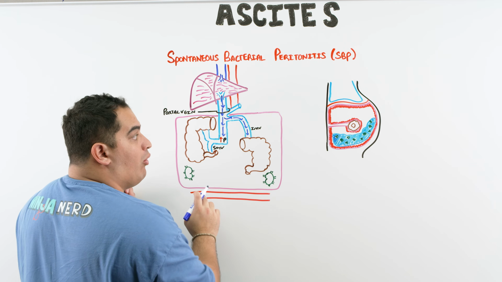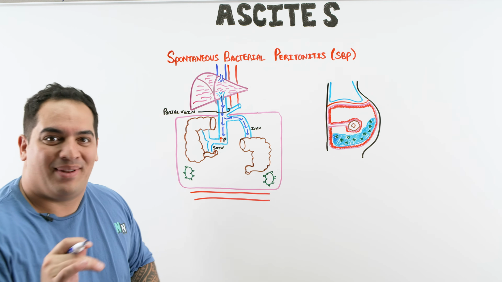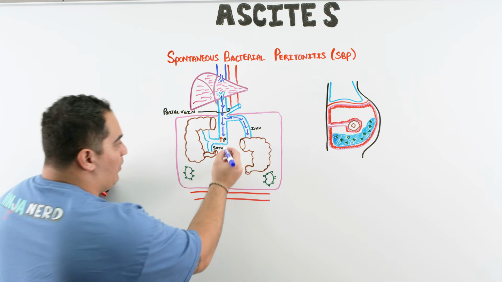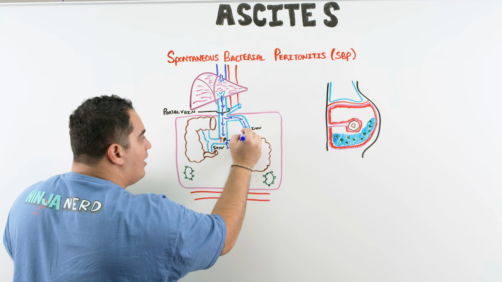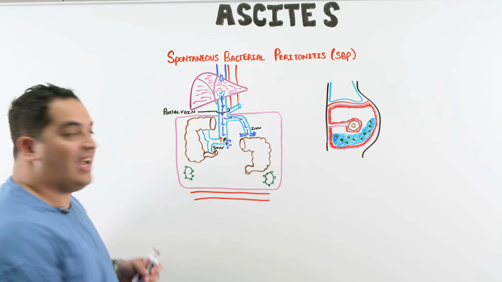But right now, I want you to understand that this portal venous pressure causes the pressure to back up in these smaller portal veins, and then what do we say happens? The pressure, when it's higher, causes fluid to leak out. This is that transudative type of ascites.